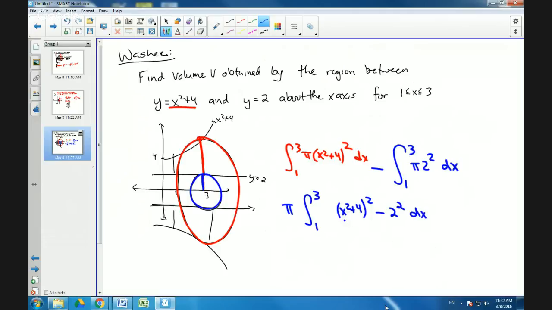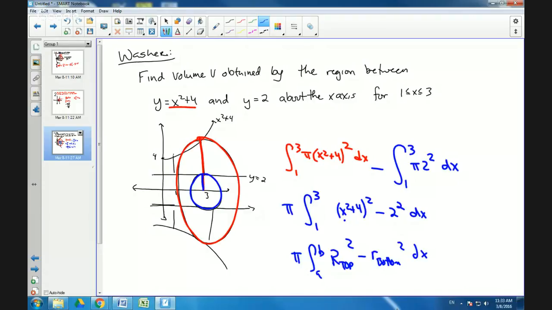Sometimes your book will say outer minus inner, because it's a washer, you have an outside and an inside, right? Your general formula: radius of the top minus radius of the bottom, you square them both.